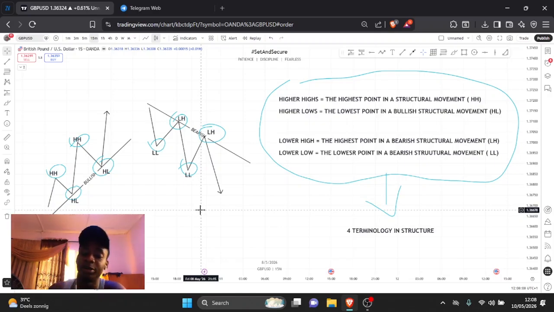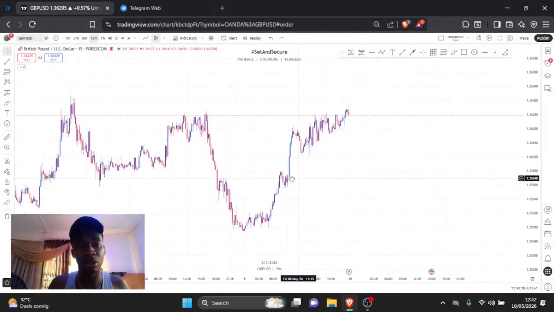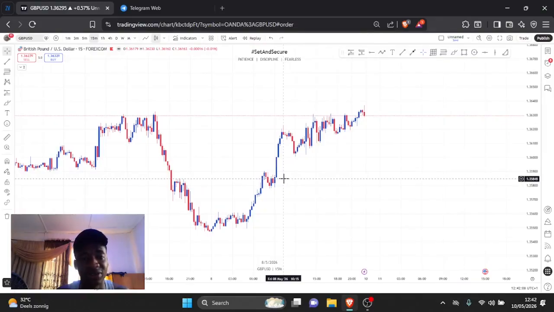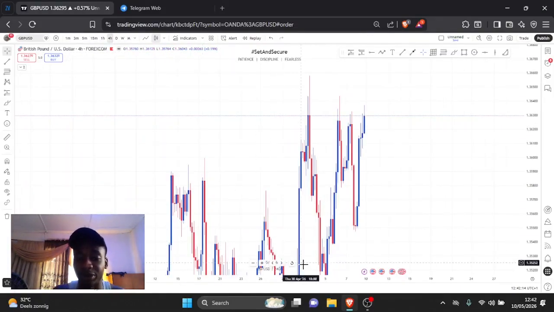So these are the four terminologies in structure, and this is all we need to know about higher highs and higher lows. Either the market creates higher highs or higher lows, or it creates lower highs or lower lows. Alright, so let's get into the real chart and understand this.